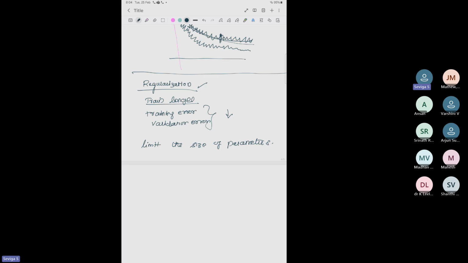The only feature which is dominating is the mustache. When we limit the size of parameters, we will pay equivalent attention to all the features, and we will not allow one feature to dominate. It is not that we are setting equal importance; we are setting equivalent importance to all the features so that one feature will not dominate all the other features.